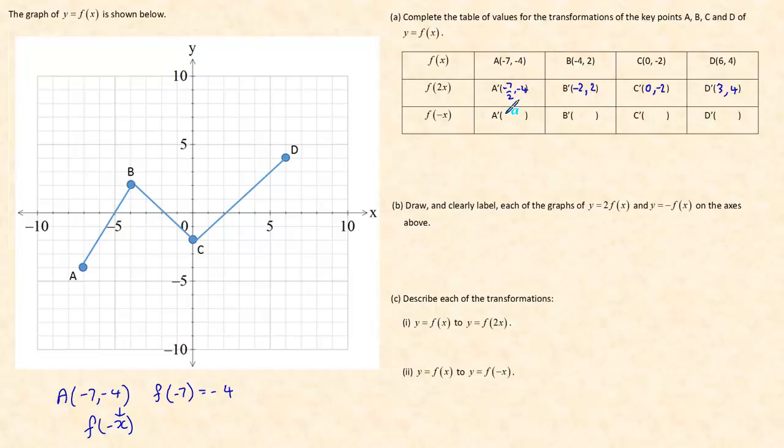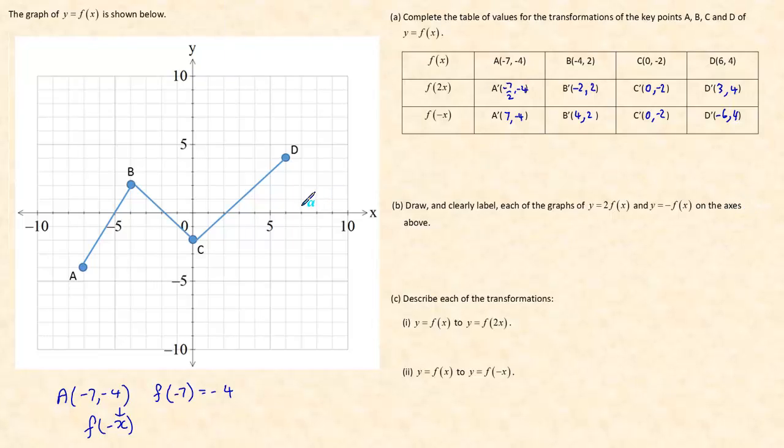So this one is going to be 7, -4. By the same argument, this one would be 4 and 2. This one won't change because -0 is 0. And then this one will be -6 and 4. So let's plot those points.